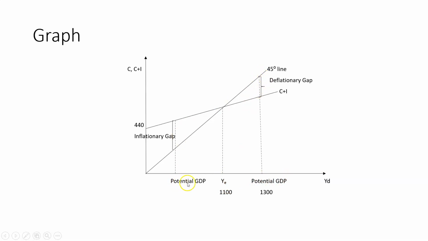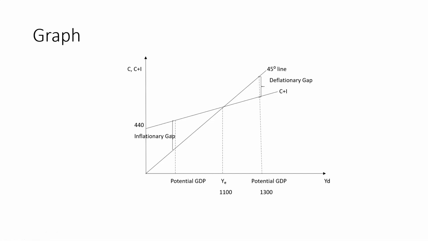If our potential GDP is less than equilibrium income, we have an inflationary gap. Now we've got a problem here. This isn't good. We either have a recession over here when we have a deflationary or recessionary gap, or we have inflation over here. These are two big problems in the economy.